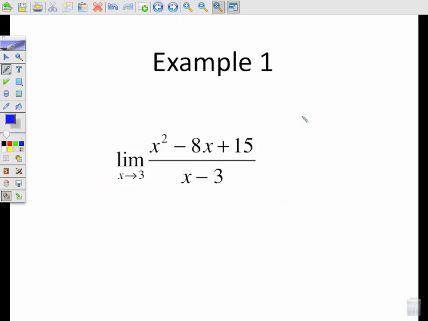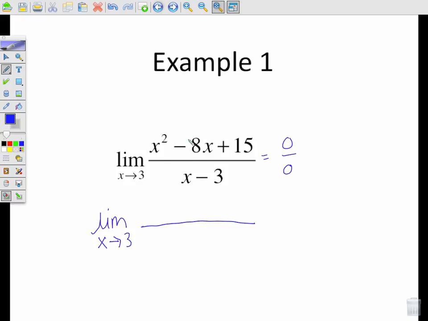First example. If I put 3 in, first of all, I'm going to get division by 0, which I can't have. Also, I've got 9 on top minus 24 plus 15, so we end up getting 0 over 0 with direct substitution. So I need to rewrite my limit as x approaches 3 and factor.